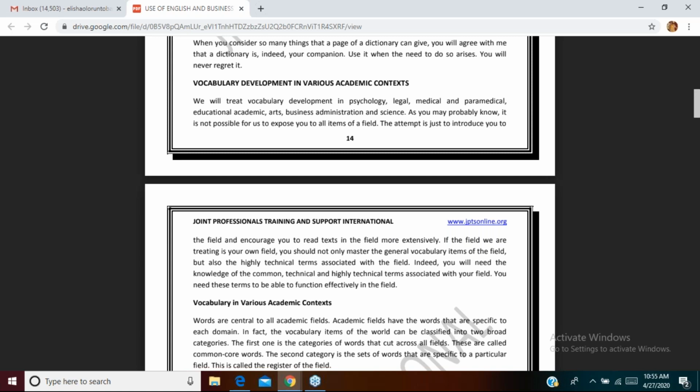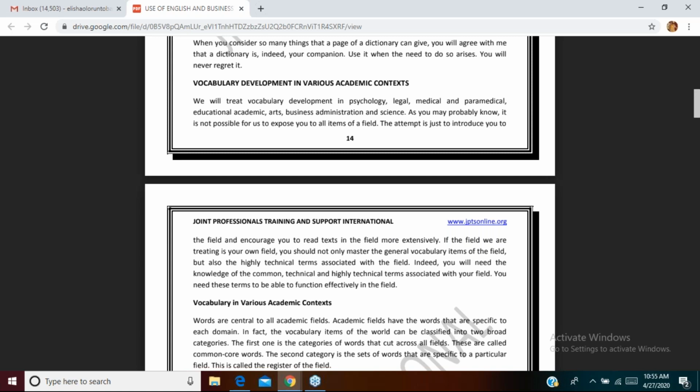As you may probably know, it is not possible for us to expose you to all items of a field. The attempt is just to introduce you to the field and encourage you to read texts in the field more extensively. So we are going to be exposing you to words that are commonly used in the academic world, in psychology, in the legal field, in the medical field.